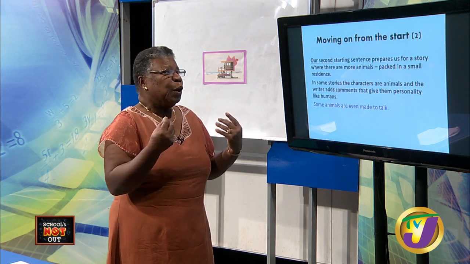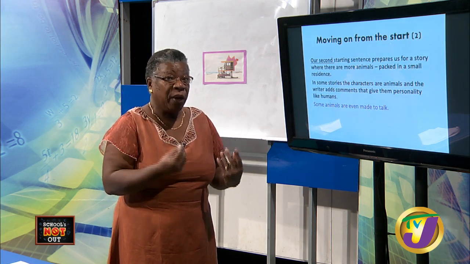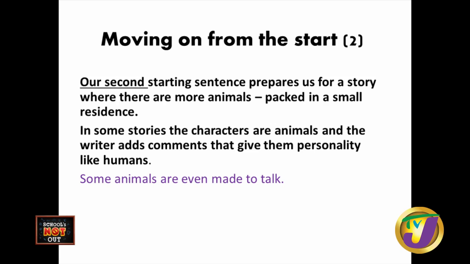And what you are going to focus on is how these animals and humans behave in relation to each other. That's going to be the main focus of that story.